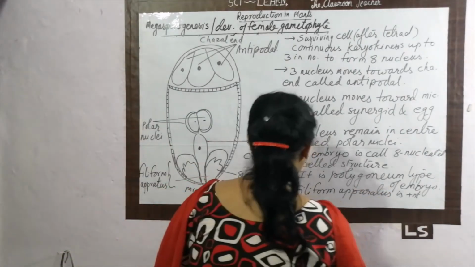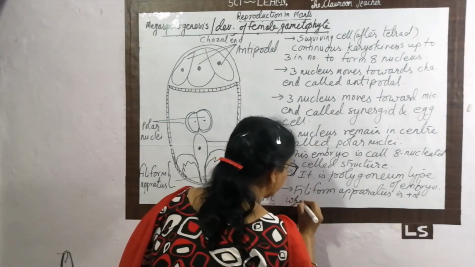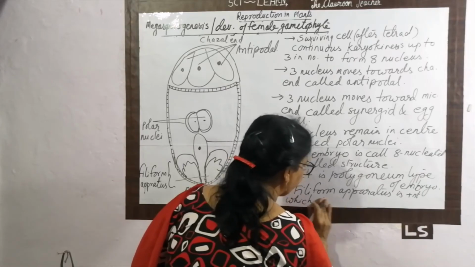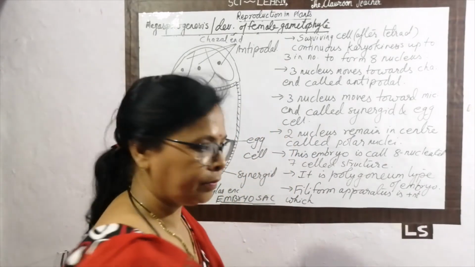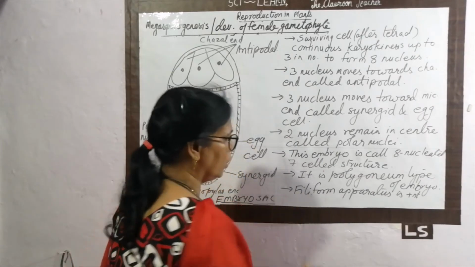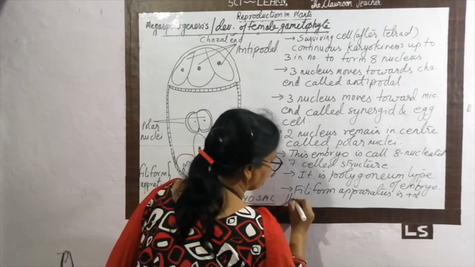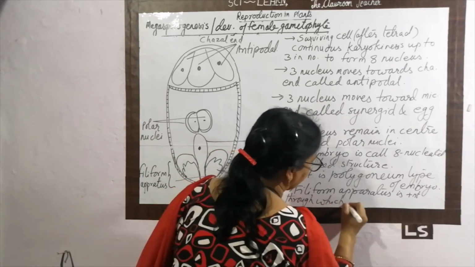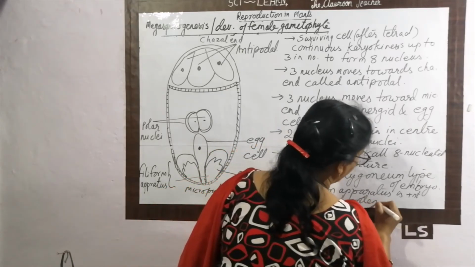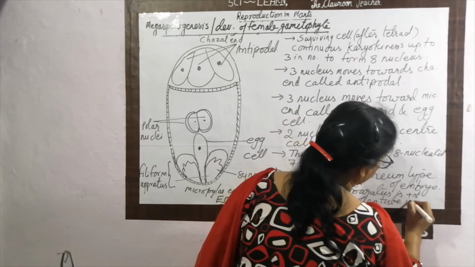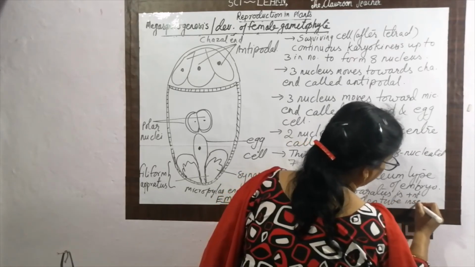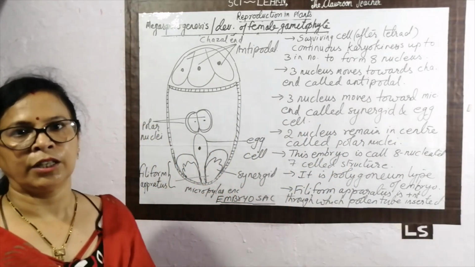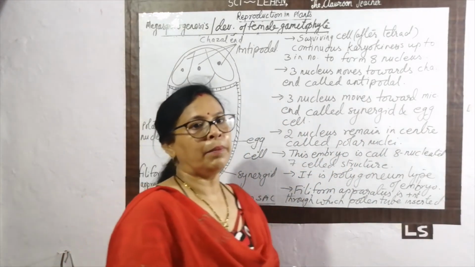A filiform apparatus is present, which is active, through which the pollen tube is inserted in the female.